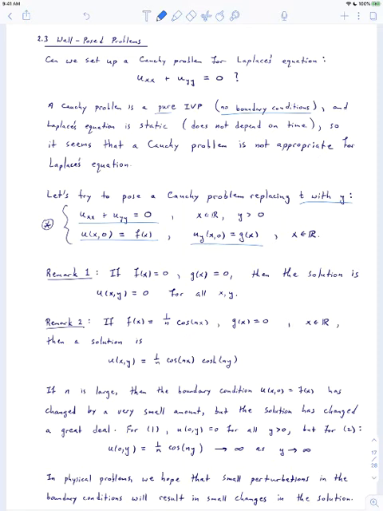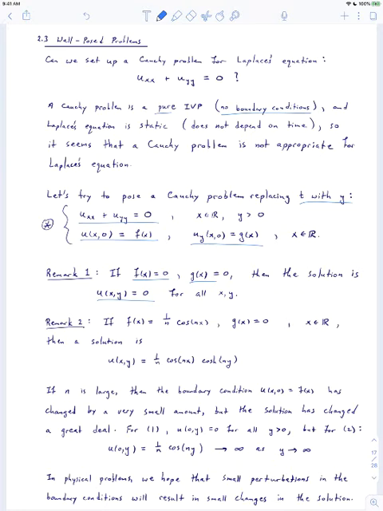Then you can see just from inspection that a solution to this initial value problem is just the 0 function. If you let u be equal to 0 for all x and y, that will be a solution when f is equal to 0 and g is equal to 0. So if you start with functions which are 0, the solution is the 0 function.